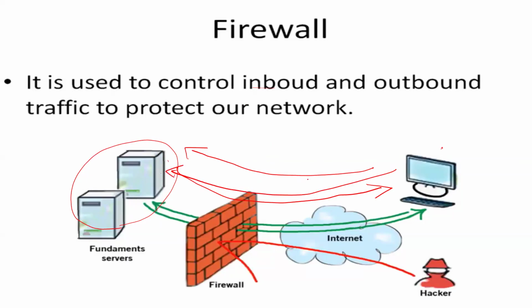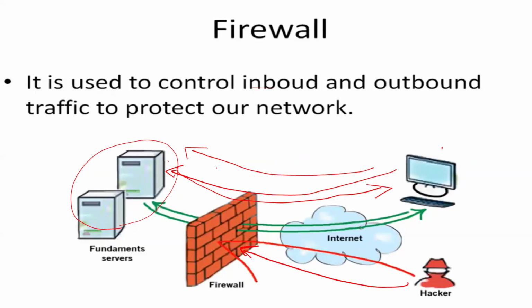But in the same way, if an attacker is sitting and trying to attack our network, the firewall doesn't allow this traffic, right? The firewall has to block. So the firewall is used to control the traffic to protect our network.